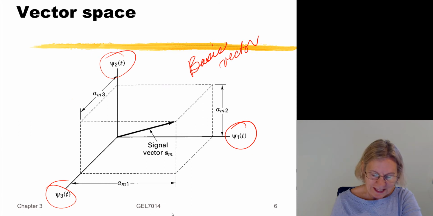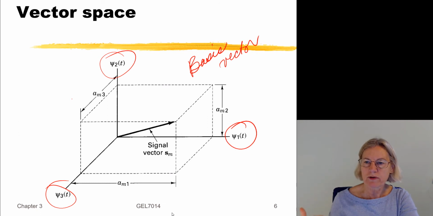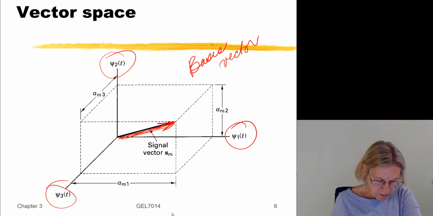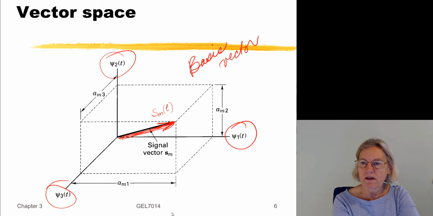So the x-axis represents a basis vector, and that basis vector is a function of time. The y-axis represents another basis vector, etc. And so now when I see here a vector in this vector space, it represents also a function of time. It's the waveform, for instance, for the mth symbol in my constellation. So this is where we do this abstraction, which is a little different for vector spaces.